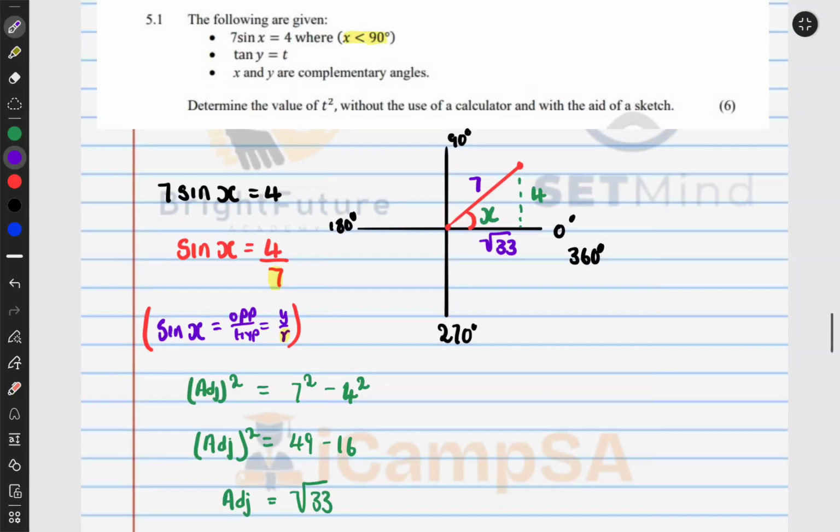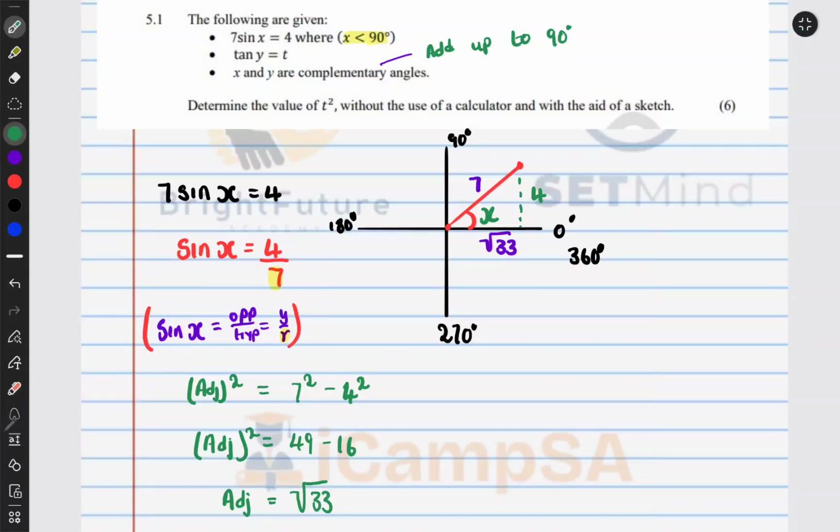of t squared. Oh, another important information. They've told us that y and x are complementary angles. Complementary angles add up to 90 degrees. That is what is meant by complementary angles.